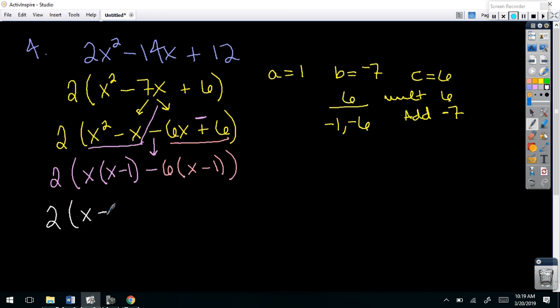All right, so Zaya says x minus 1. What other parenthesis? Because they were in one big parenthesis. Yes, that's right, Aiden, x minus 6. Because if these are gone, that's what's left.